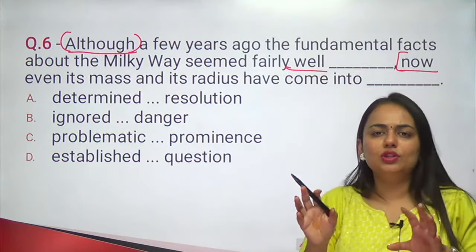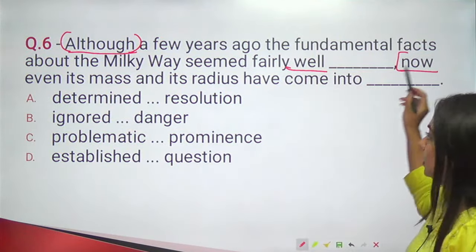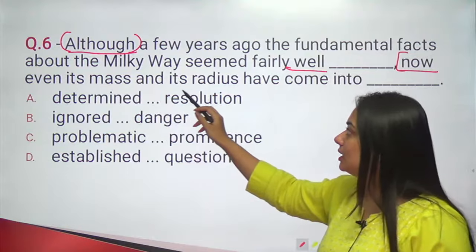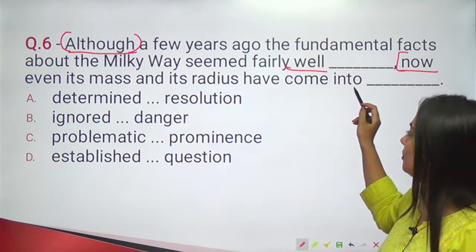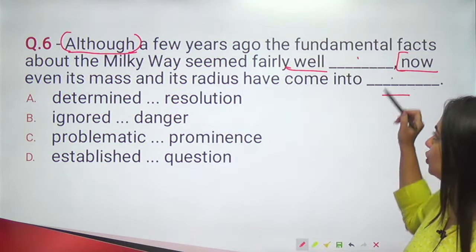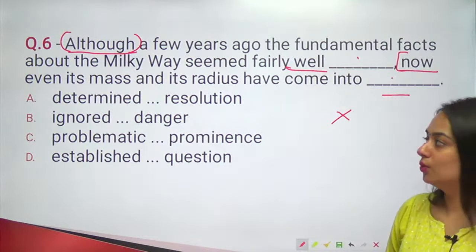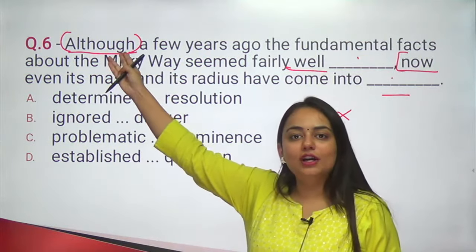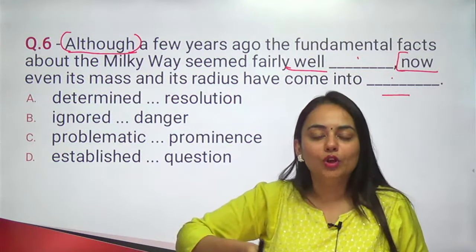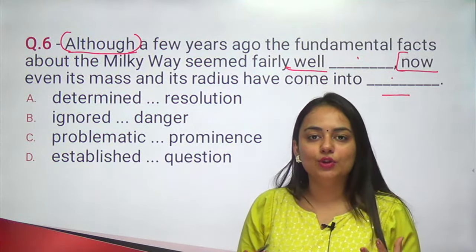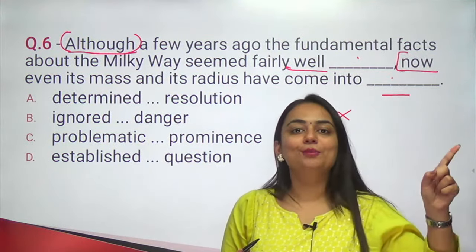Now, even its mass and its radius have come into dash. The two words used here will be contradictory to each other, because the contradictory word although is given here.